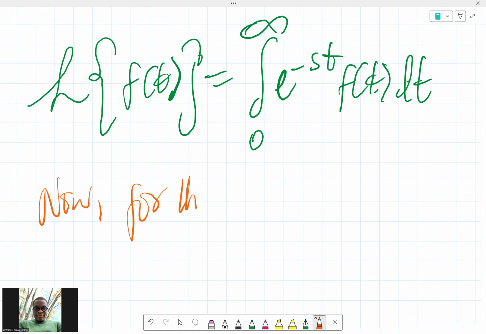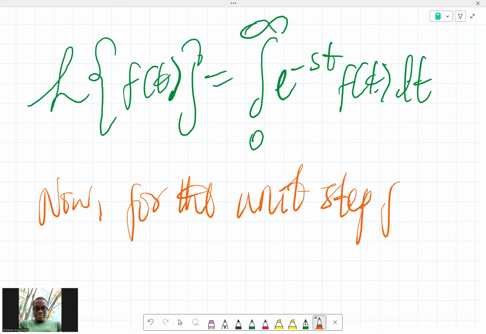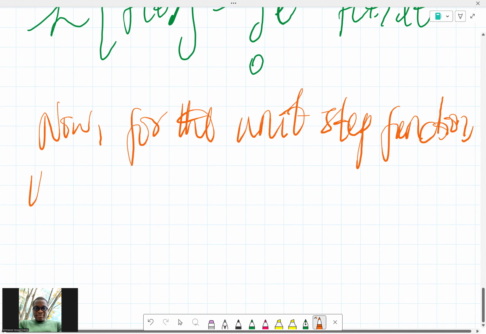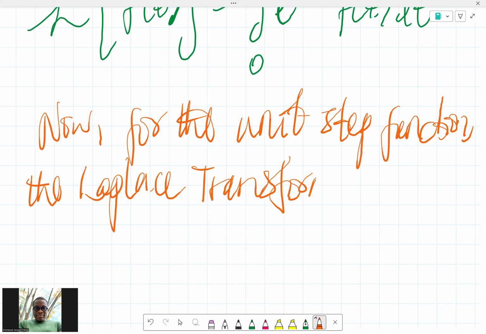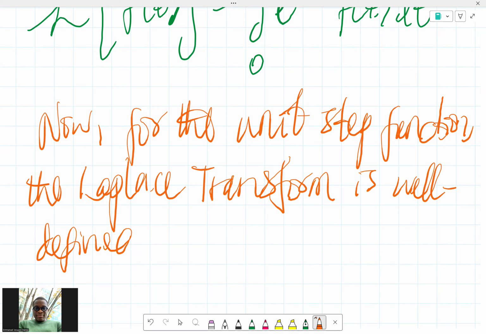Now, for the unit step function, the Laplace transform is well defined as follows.